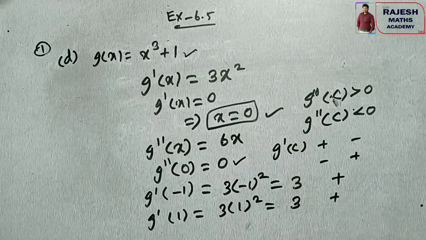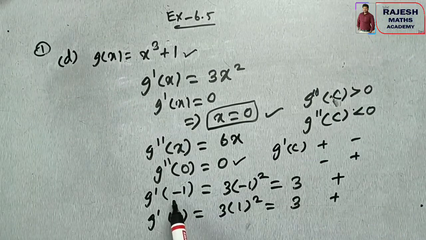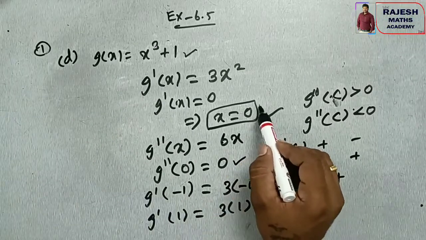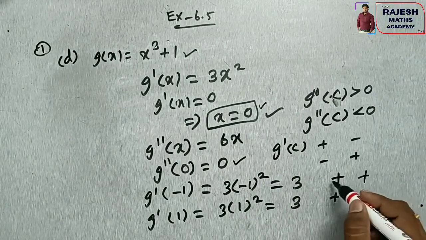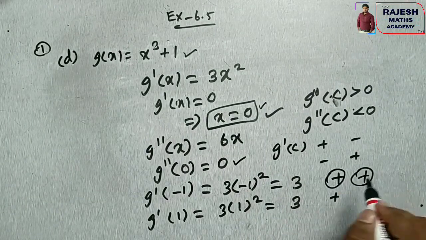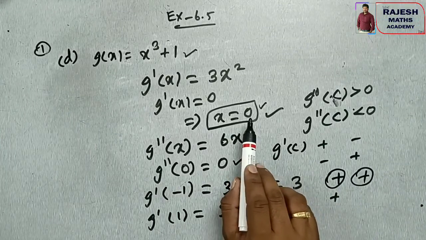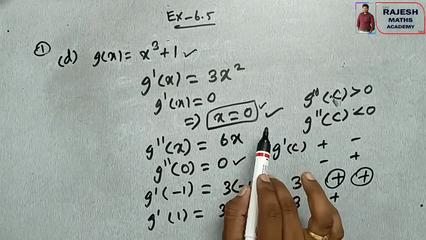That is also positive. So as x increases through the critical point c, the g dash of x is not changing sign. It is positive on both sides. So we can say that x equal to 0 is the point of inflection, and we can conclude that there is no maximum and no minimum.